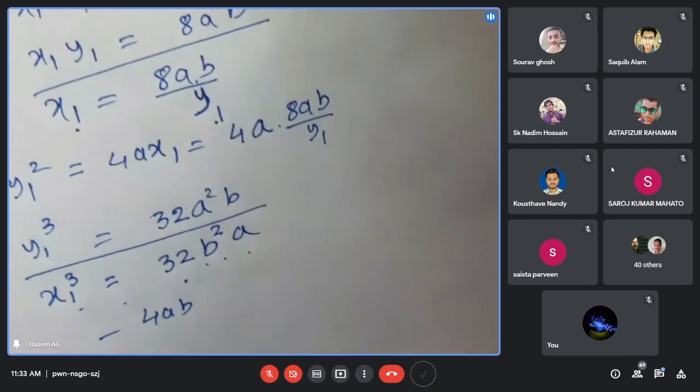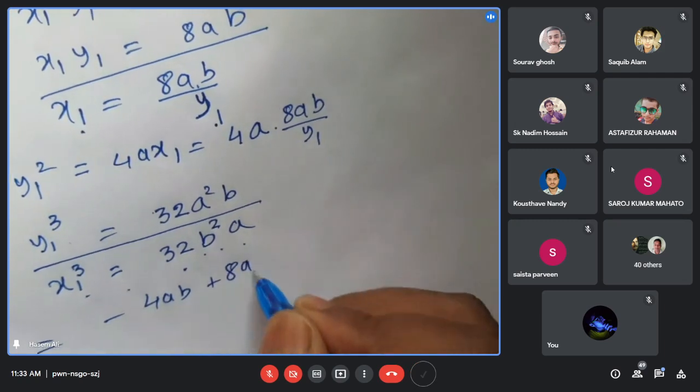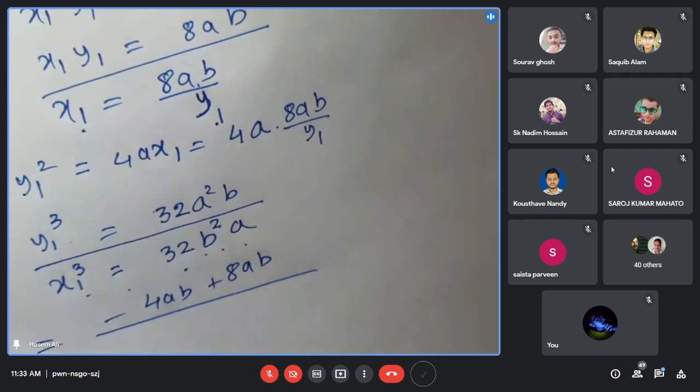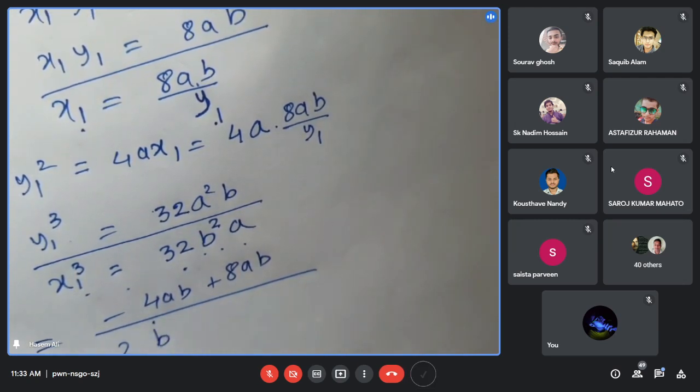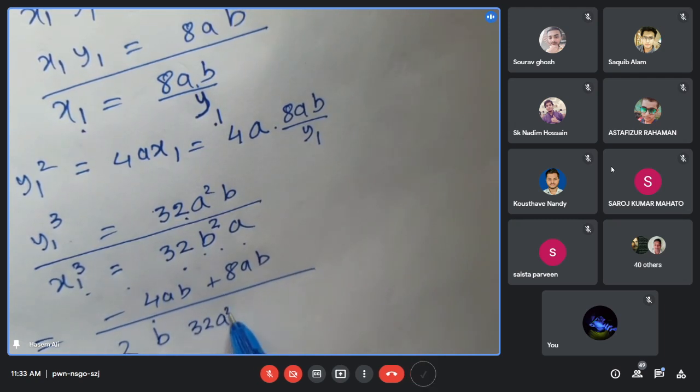What is x1 y1? x1 y1 is 8ab, divided by 2 into y1. What is y1? y1 is 32 a square b whole to the power 1 by 3.